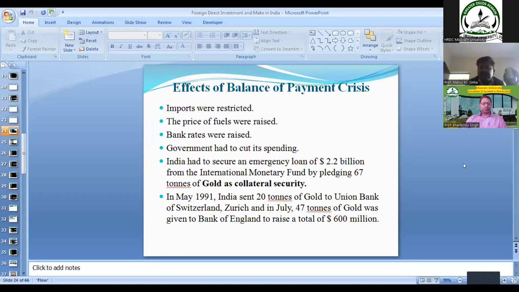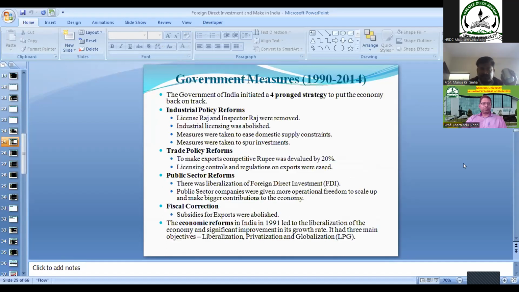The government took an emergency loan from the International Monetary Fund by pledging gold as collateral security. And the IMF pushed the government of India to open the Indian economy and integrate with the world.